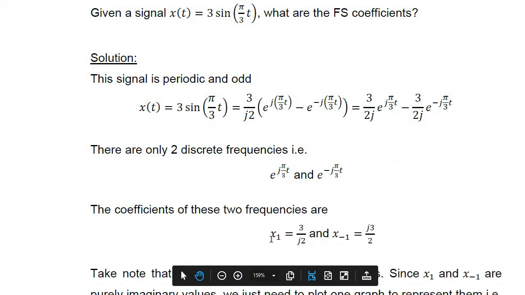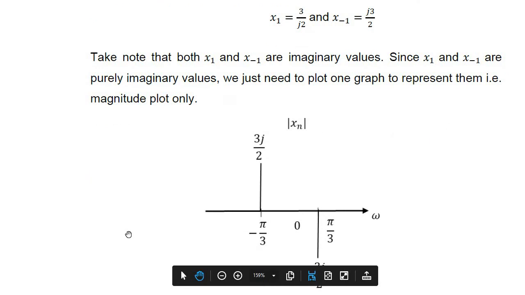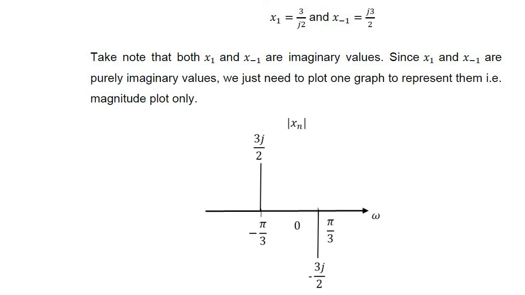You have x1 as 3 over 2j and x negative 1 as negative 3 over 2j, which is also 3j over 2 in the other form. Then you plot X_n. I want all of you to make a correction of this graph.